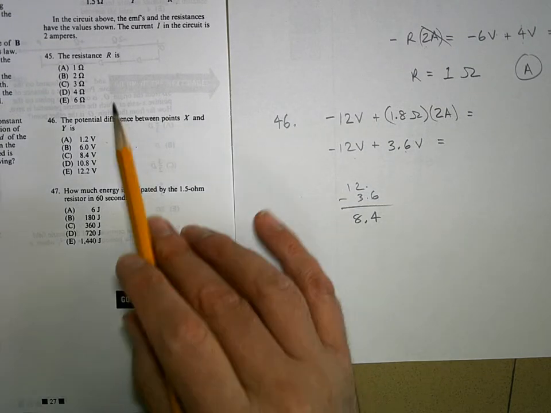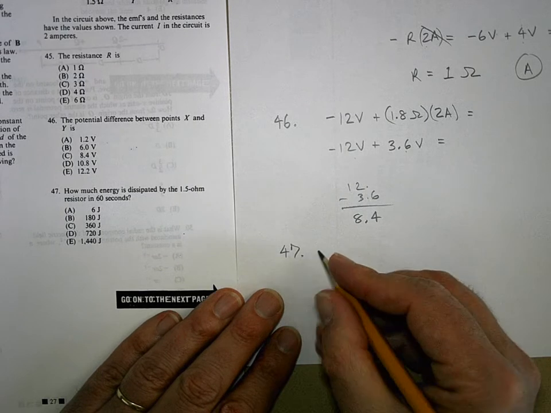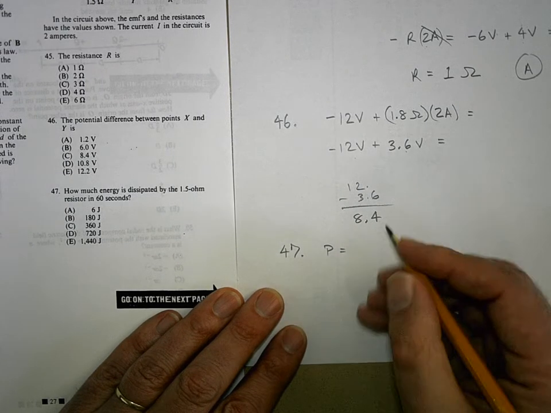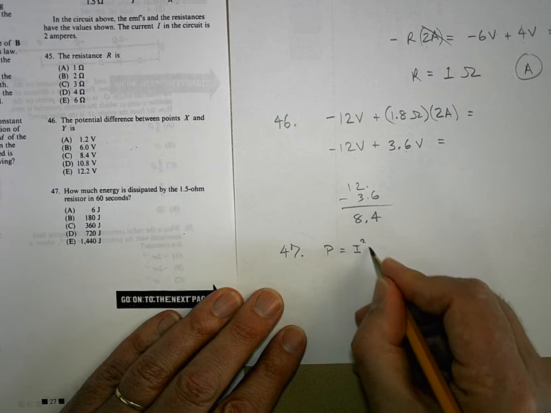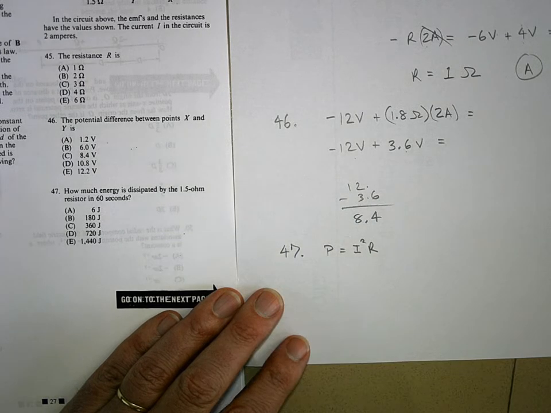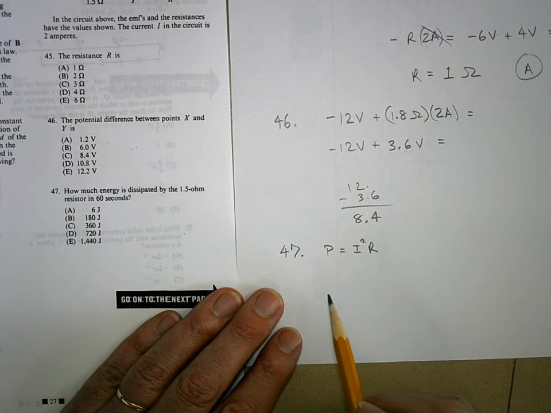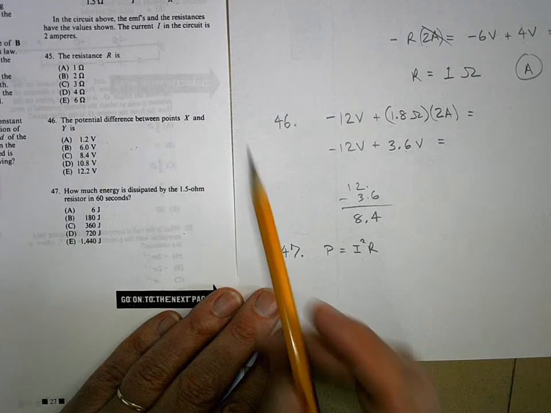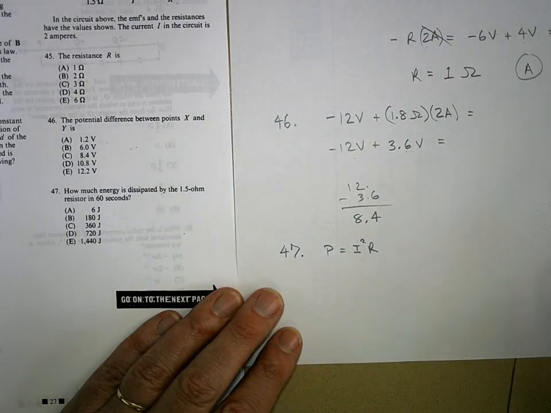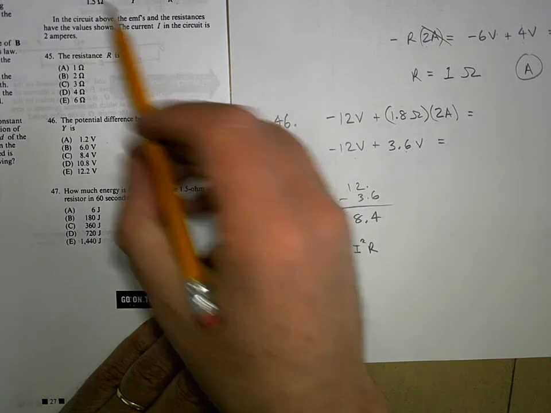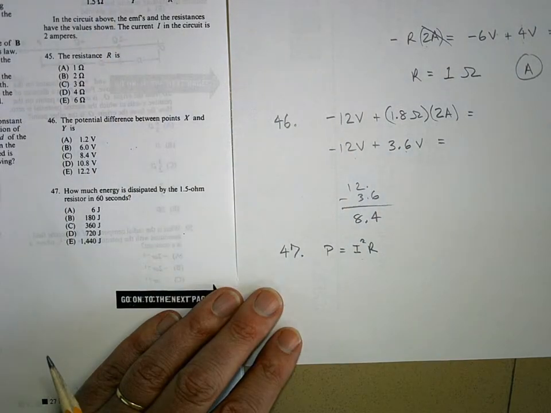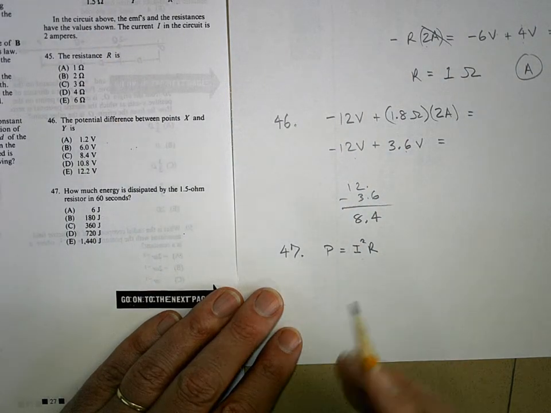Well, power equals I squared R, and you want to use the given values. If you know the voltage drop, you could use I times V, but you're depending on knowing what happened in the rest of the circuit from previous problems. So I'm just going to use I squared R.